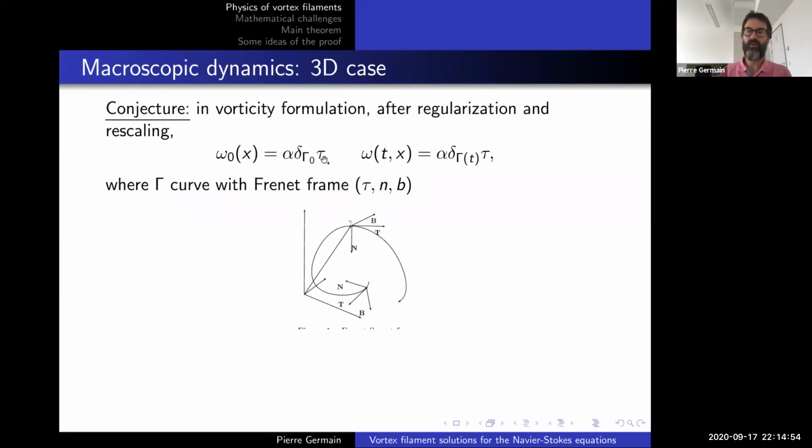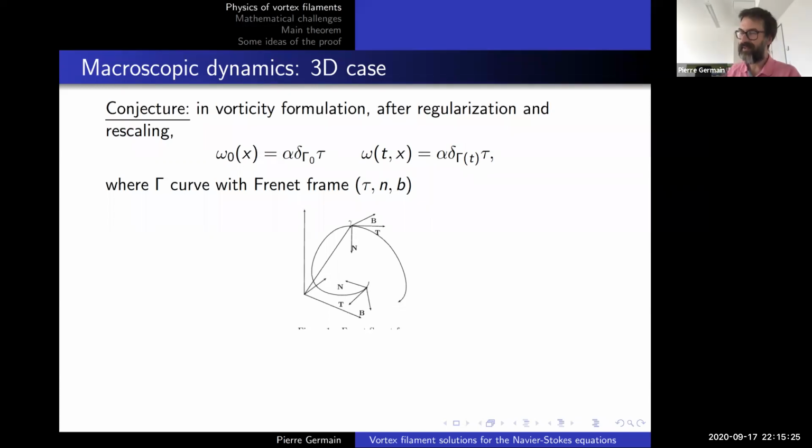Okay, so ideally we'd like to perform the same limiting procedure as in 2D, and say that you can actually send nu to 0, and the outcome is another vortex filament, now along a curve whose shape evolves with time.